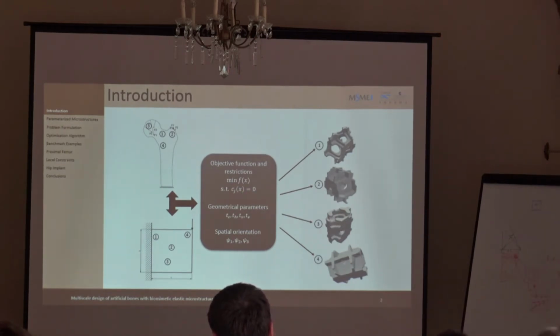For this, in this work, we choose to use a parameterized microstructure and to optimize the geometrical parameters and the spatial orientation of the microstructure point to point in the whole macroscopic domain.